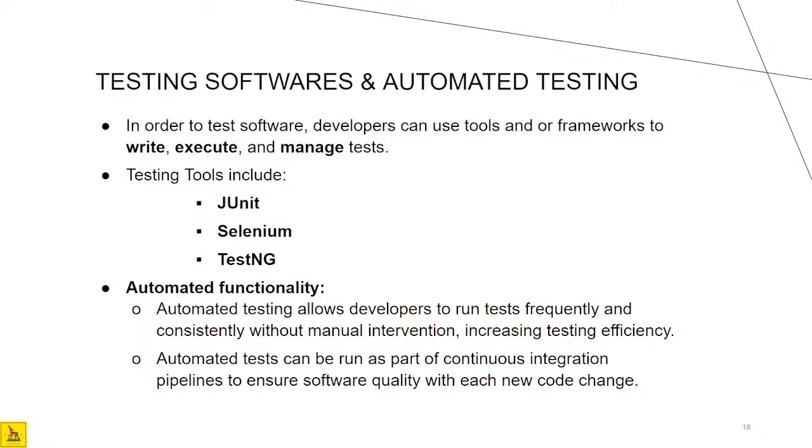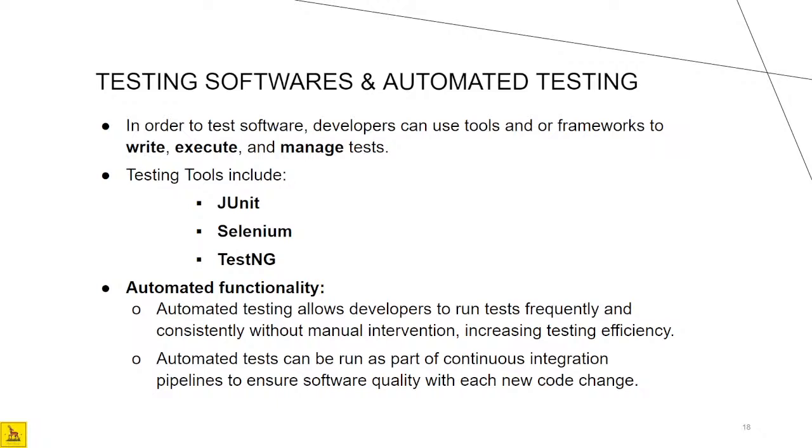Now, let's talk about the automated functionality. This is something that we would want to use in our testing software to make sure that tests are more consistent, we have more tests available to us, we're constant with our tests, and we're overall testing a massive amount to make sure that there are no bugs or issues within our software.